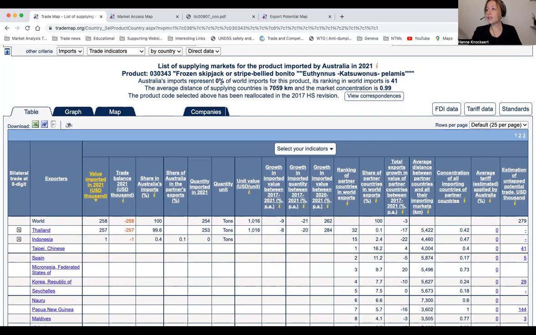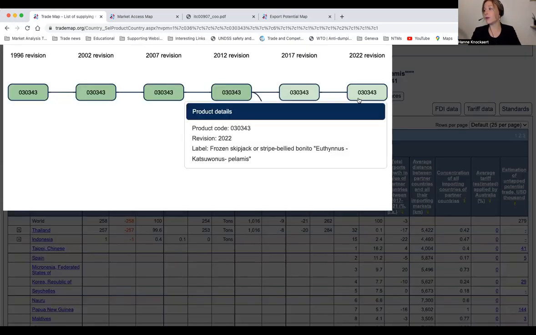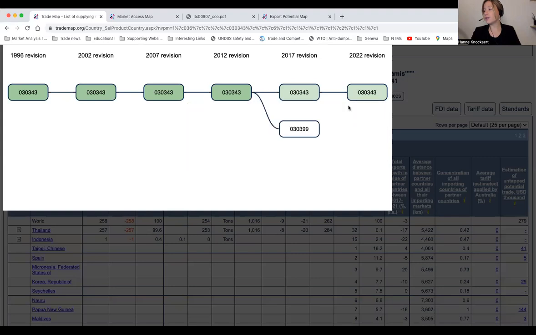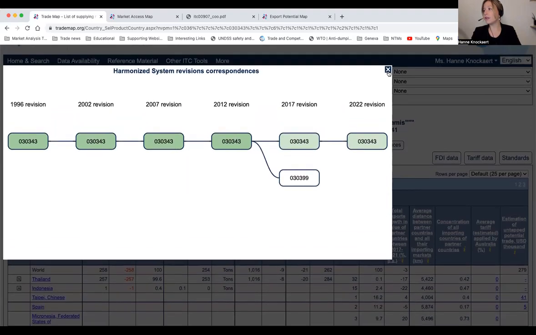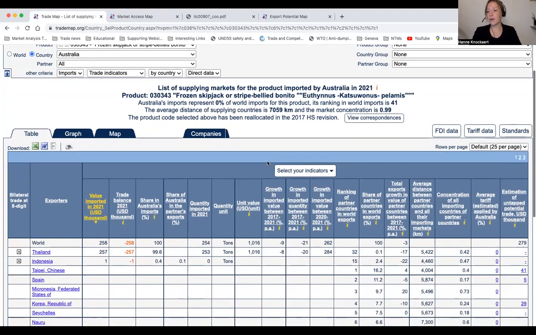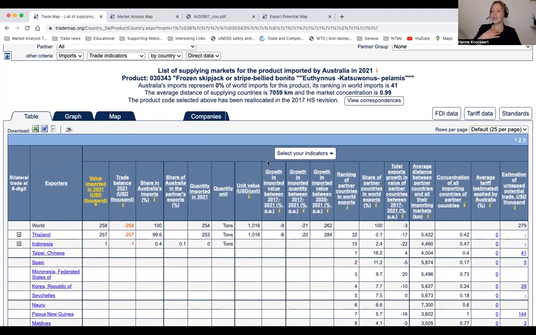Australia's imports represent 0% of the world imports for this product. Its ranking in the world imports is 41. The product code selected above has been reallocated in 2017, which we saw before. So we saw that some changes happened regarding this product code, but nothing very remarkable. So we can see that actually Australia is not importing this frozen skipjack a lot at this point.